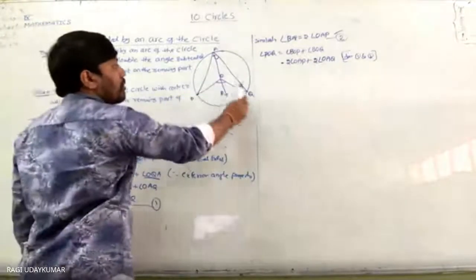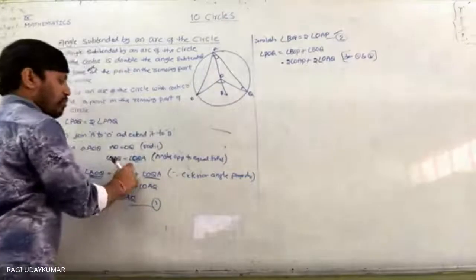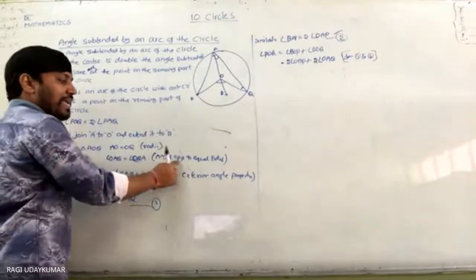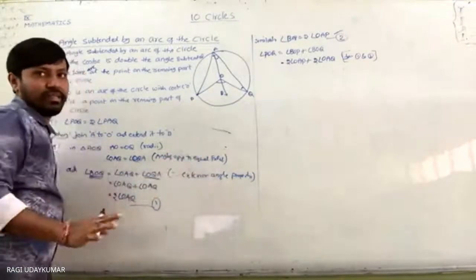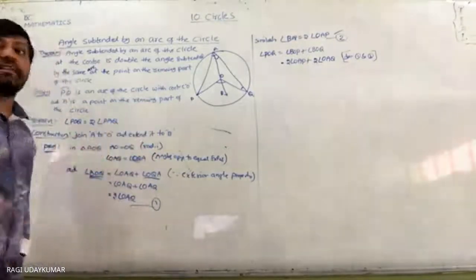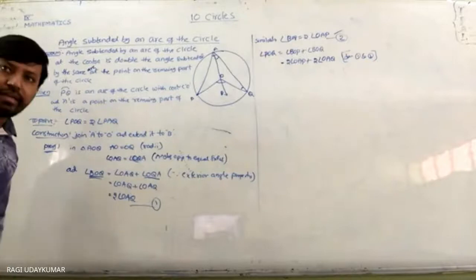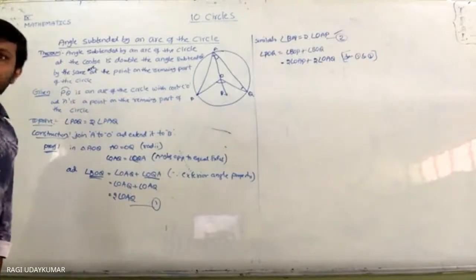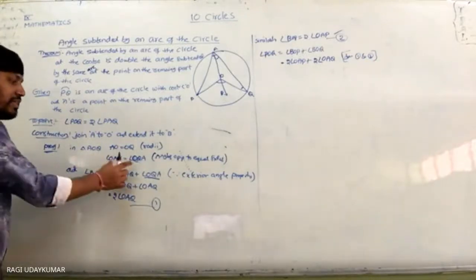Angle OAQ and angle OQA are both equal because angles opposite to equal sides. If two sides are equal in a triangle, then their opposite angles are also equal. That you have already learned in the previous class. So by that these two angles are equal.